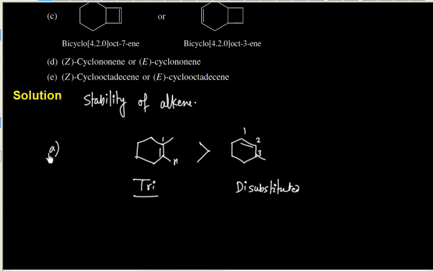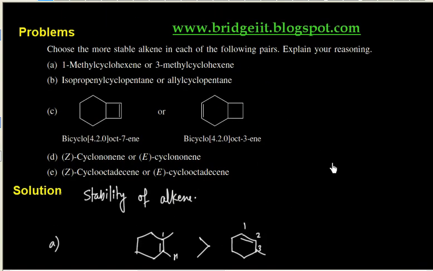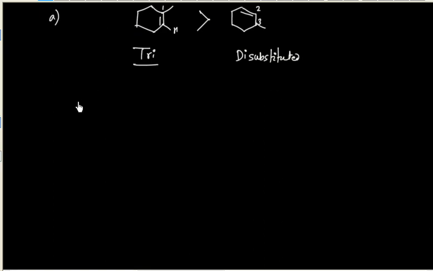Now let us say the B1. So this is part A. This says isopropenyl cyclopentane. What is isopropenyl? Iso group is this: CH3, CH, CH3, and if I remove one hydrogen from here and add something, this group is called isopropyl group.